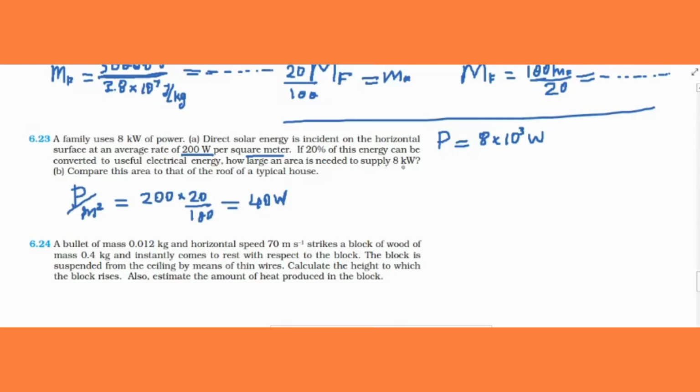And you need how much power? 8 kilowatt power. So 40 watts per meter square we will get. So how much will be the area then? So area of solar panel is equal to 8 into 10 power 3 watts divided by 40 watts per square meter.